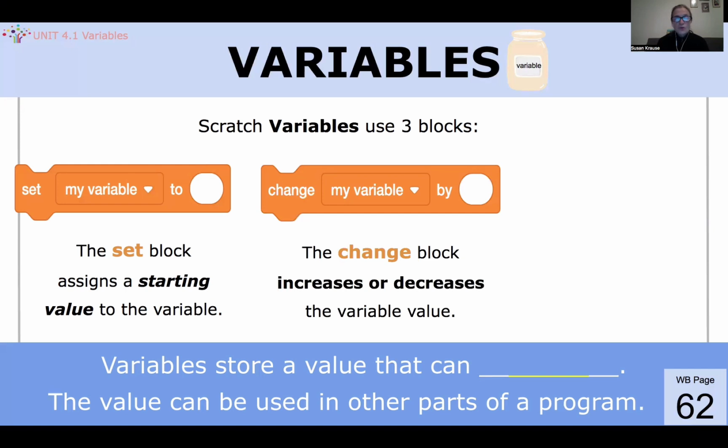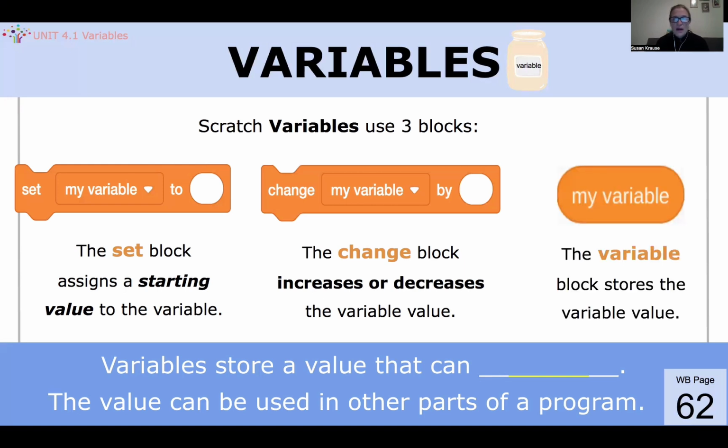I can also use this change block with my timer. So if I set my time for 30 seconds, I have 30 seconds to complete a task in a game, I can change my variable by -1, which will count down from 30 to 0, and then stop the gameplay.